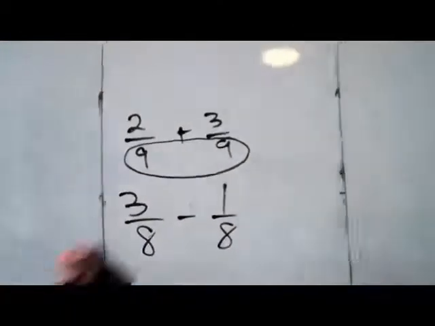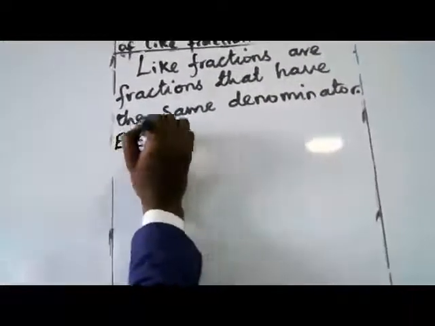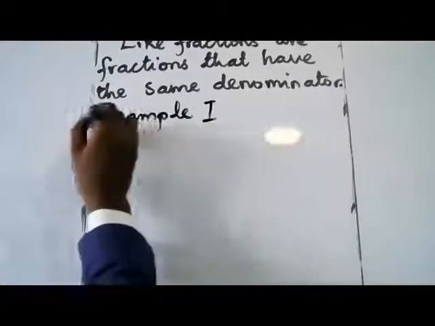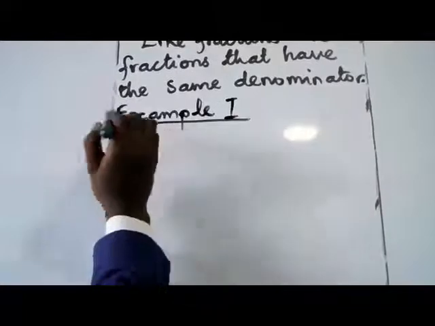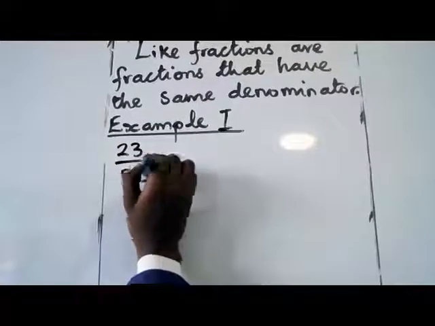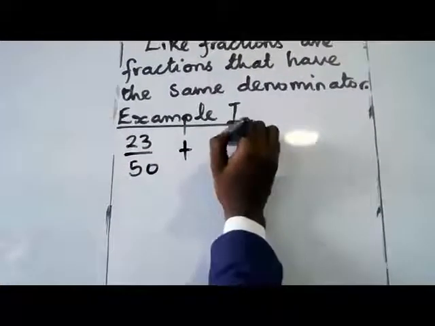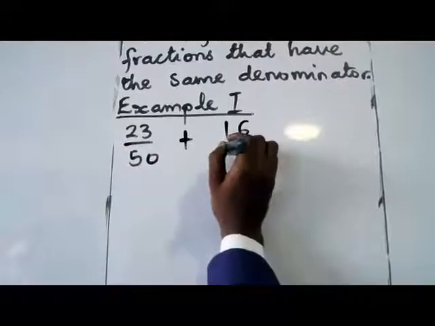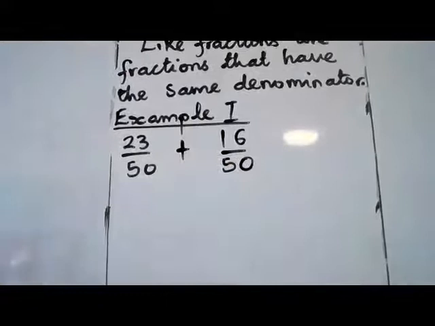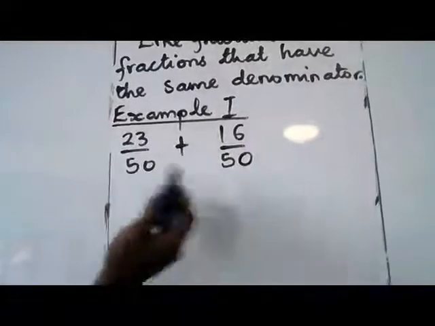Quickly, we'll look at some examples and how to solve each question under this topic. Our first example today says we have 23 over 50 plus 16 over 50. Now you can see I decided to use a bigger number for my denominator.